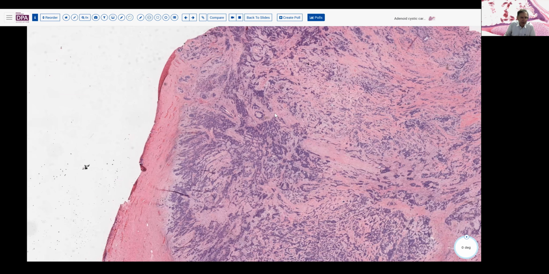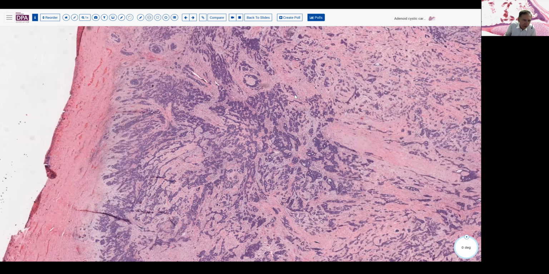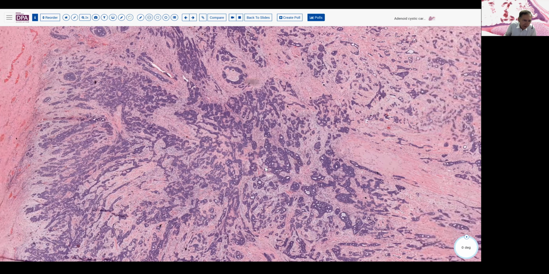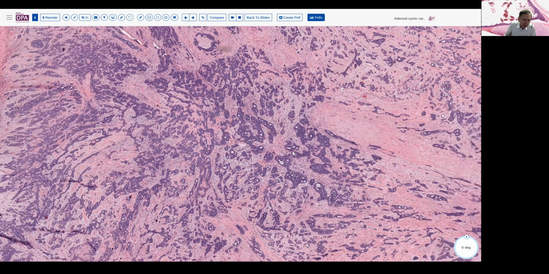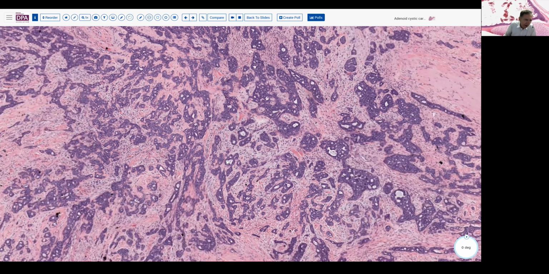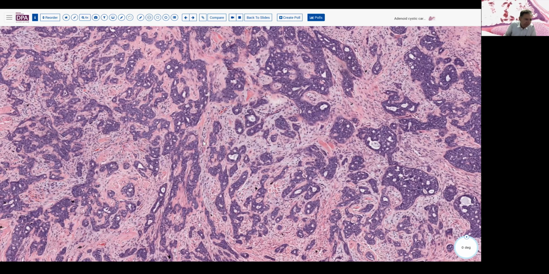And as we come in, we see these anastomosing cords of cells with small microcystic spaces, a lot of reactive appearing tissue around that, a desmoplastic fibrosing pattern.